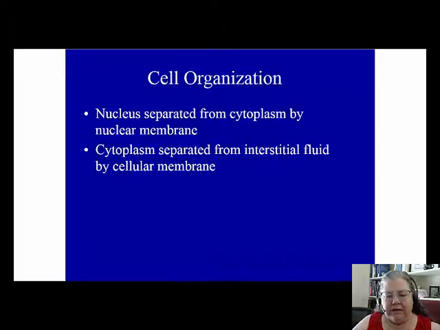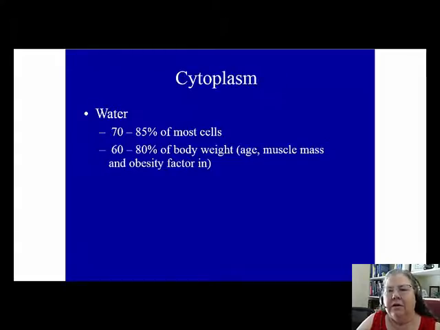So the cytoplasm, or the fluid inside the cell, the intracellular fluid, is separated from the extracellular interstitial fluid by a cellular membrane. And we'll talk a little bit about how the cellular membrane is constructed in a minute. But I want to start by talking about fluid. 75 to 85% of most cells, not all cells, but most cells, is composed of water.